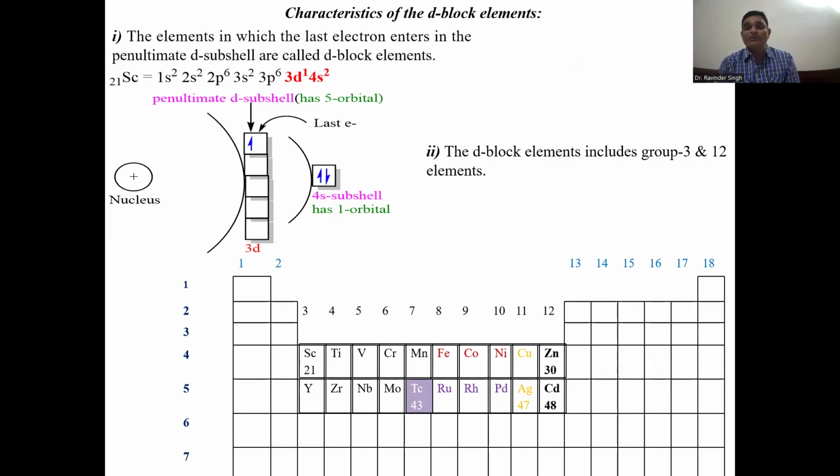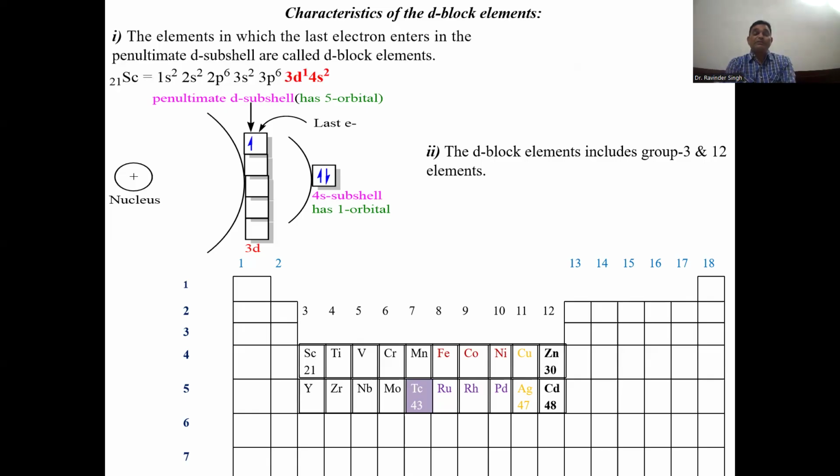To check whether a particular element is a transition element or not, just see that element in both states. In the neutral state, it must have an unpaired electron. If there is no unpaired electron, then see that element in its ionic state. In the ionic state, if there is an unpaired electron, then it is also a transition element.